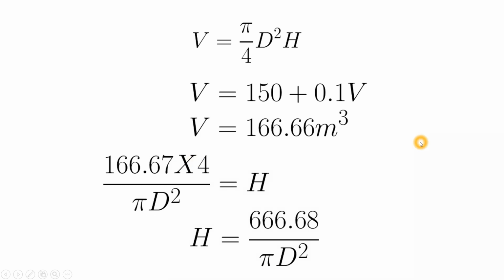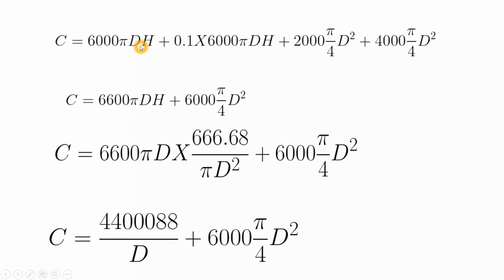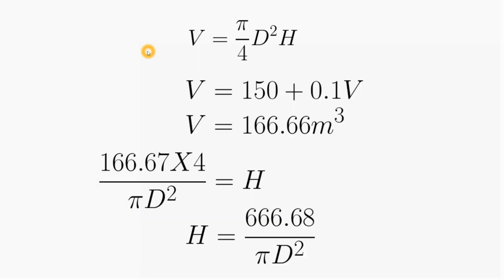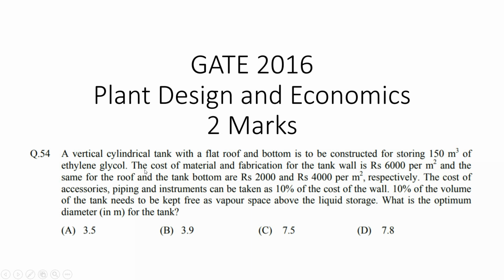Now first we will see the cost. What is the total cost? Cost is equal to, you can see here, pi dh. Pi dh is the wall surface area. You can see here the cost of the material and fabrication for the tank wall is 6000 per meter square, right? They have given 6000 per meter square.